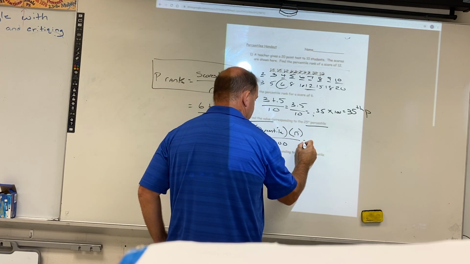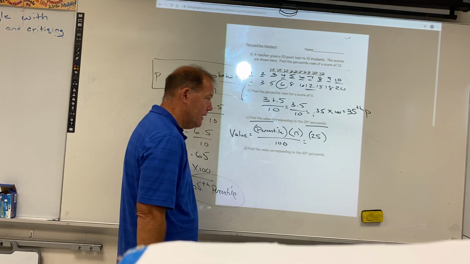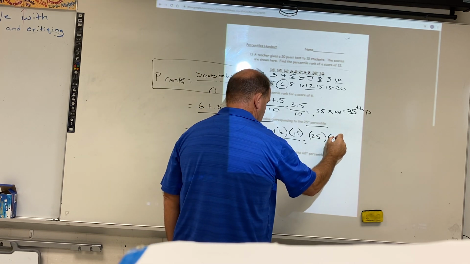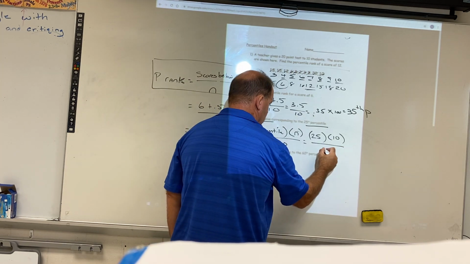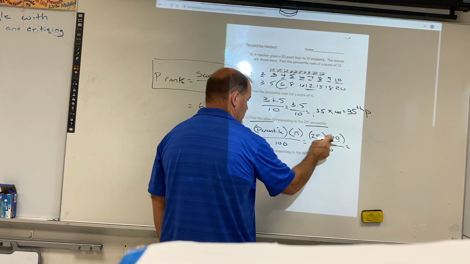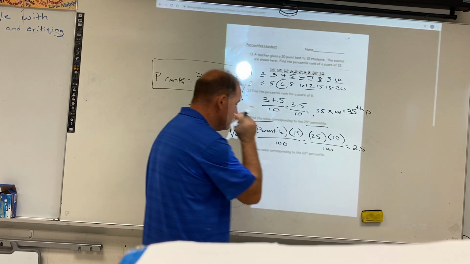In this case, the 25th percentile is our percentile. How many values do we have? Again, we have 10, and we're dividing by 100. So 250 divided by 100 is going to be 2.5.